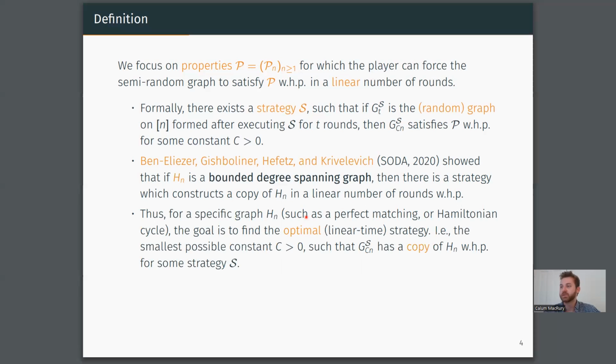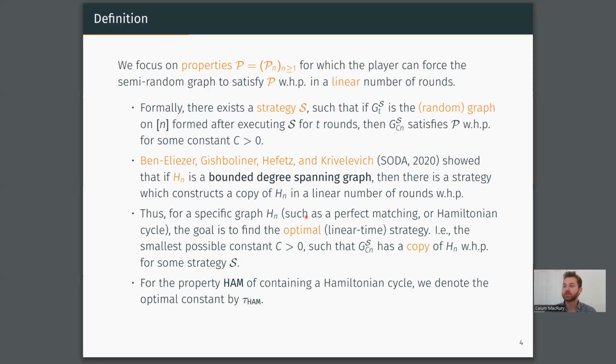In other words, the smallest possible constant such that we can construct a copy of H on [n] with high probability using some strategy. In this talk, we're going to focus on Hamiltonian cycles, and we'll denote this property Ham and the optimal constant by tau of Ham.